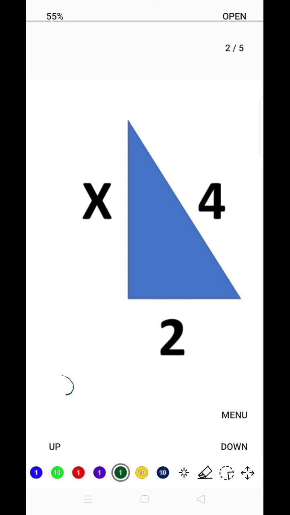X equals square root of 4 square minus 2 square. 4 square is 16 and 2 square is 4. 16 minus 4 is 12.